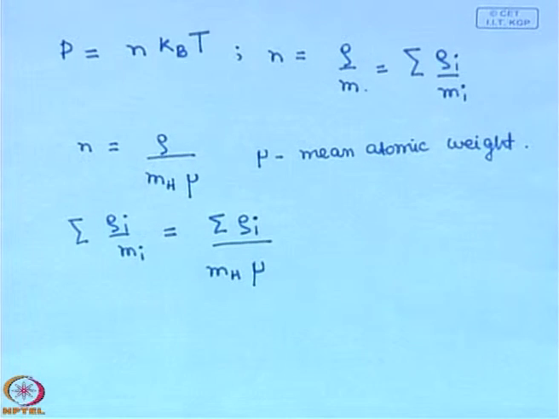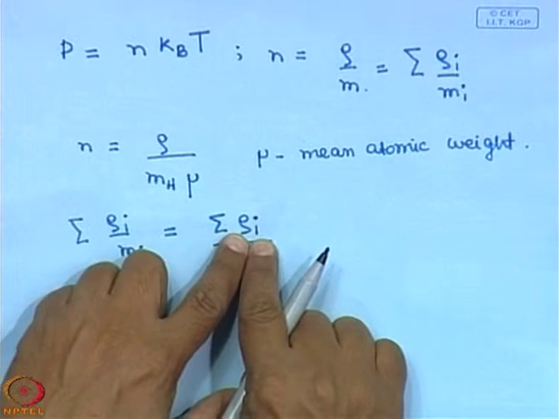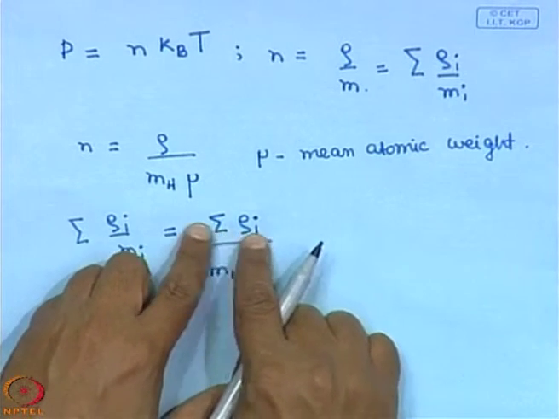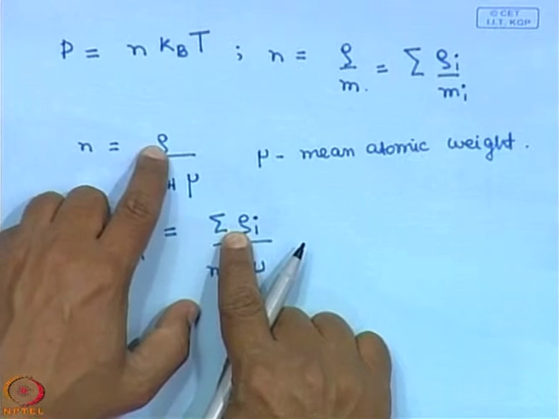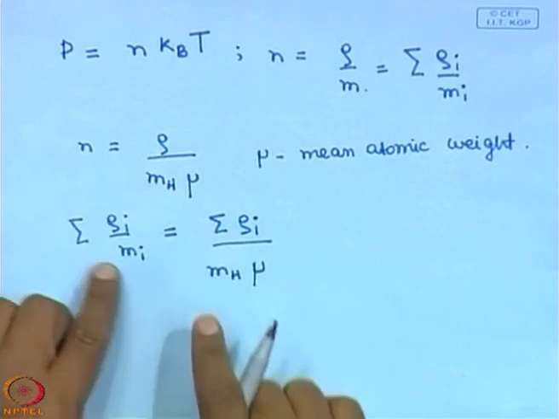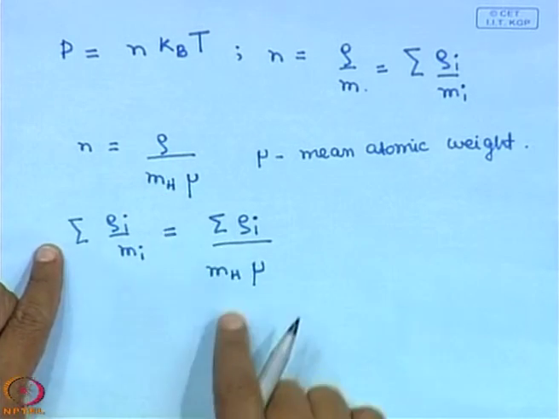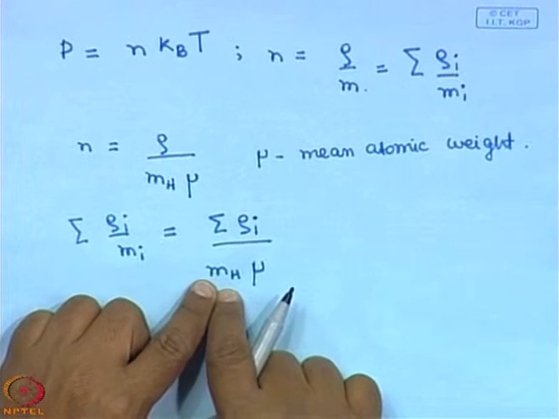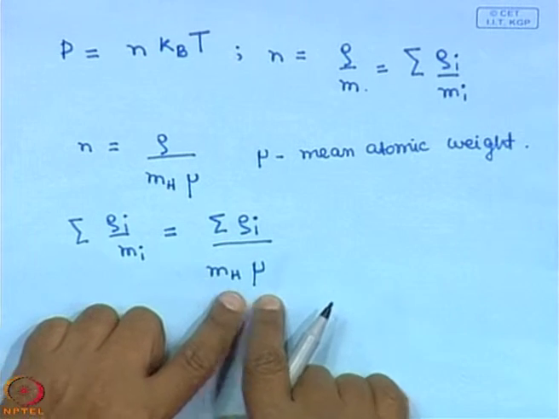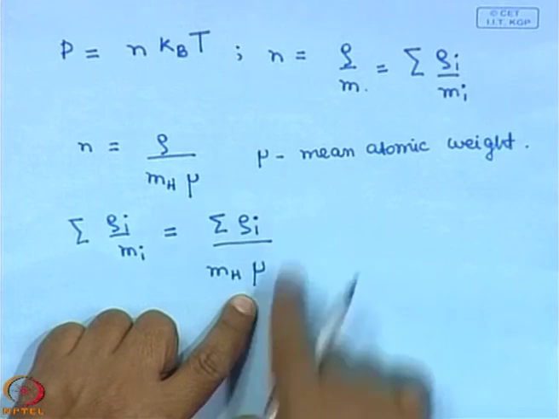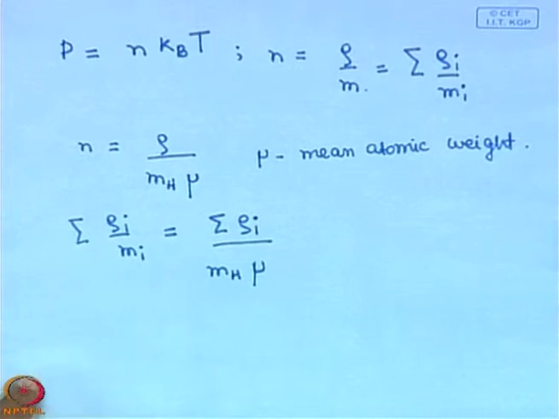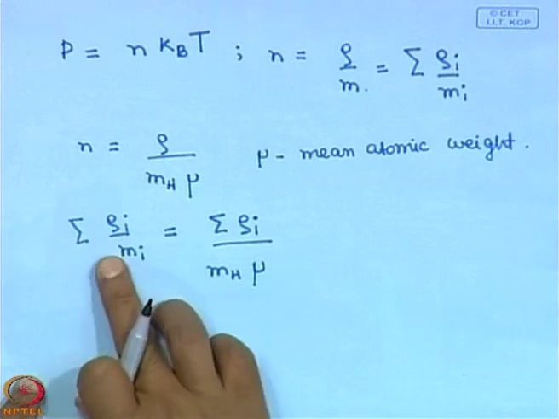That is what we have done. If there are many components, the sum of the densities of all the components is the total density rho, and the number density we have expressed like this. So it is the total density divided by the mass of hydrogen atom divided by the mean atomic weight. Okay, so we have just expressed this term like this.